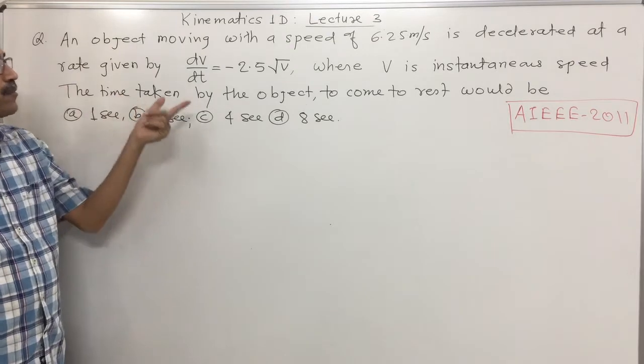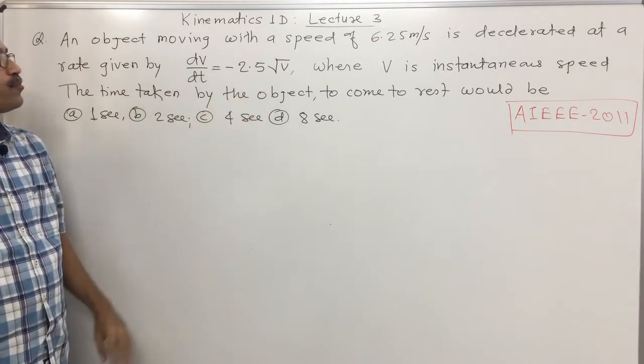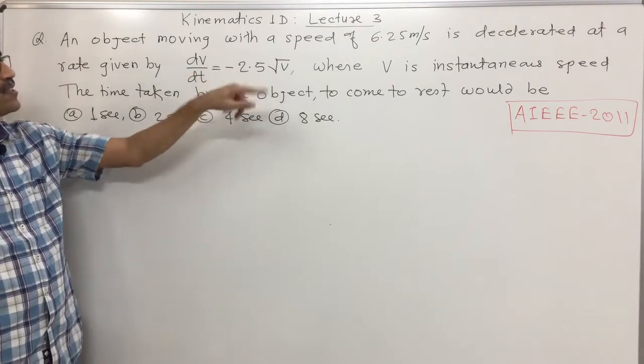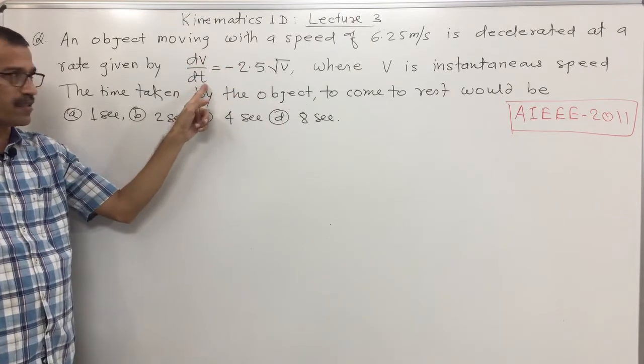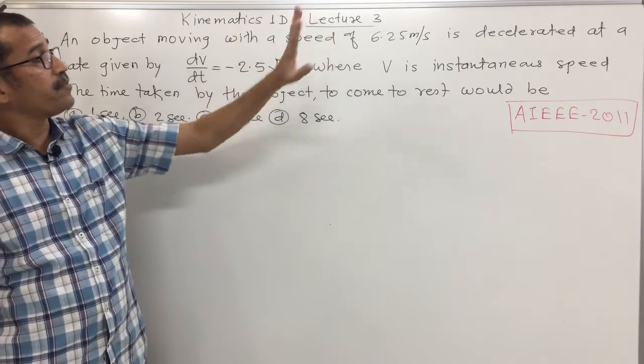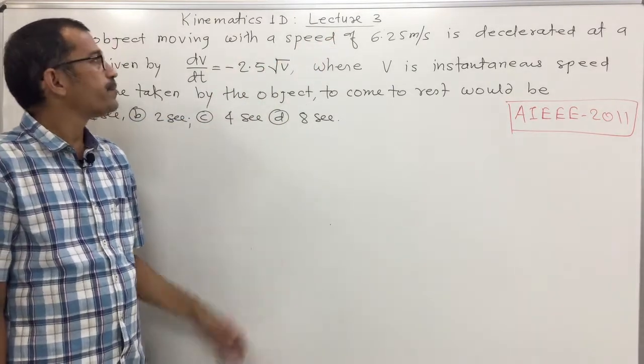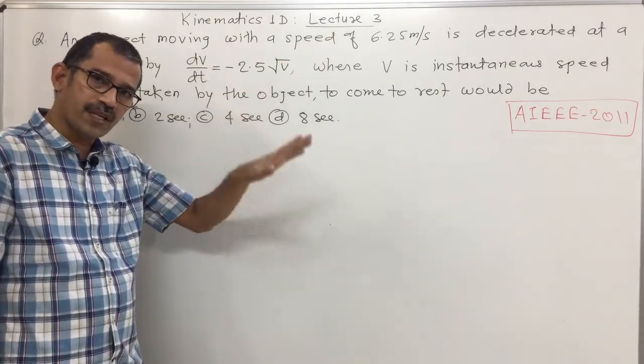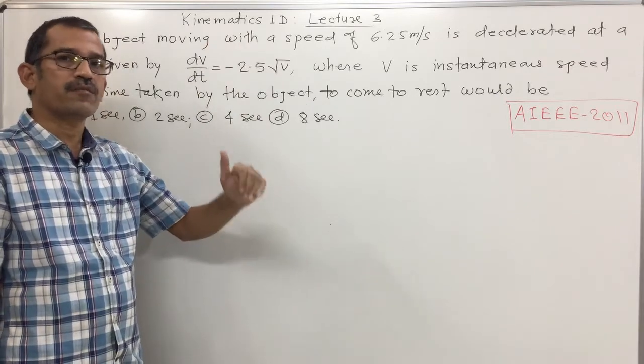The time taken by the object to come to rest would be, as it is subjected to deceleration, negative acceleration. dv by dt is acceleration, minus means it is negative. Initially speed is 6.25 and it is subjected to negative acceleration, means deceleration. That means speed will reduce.